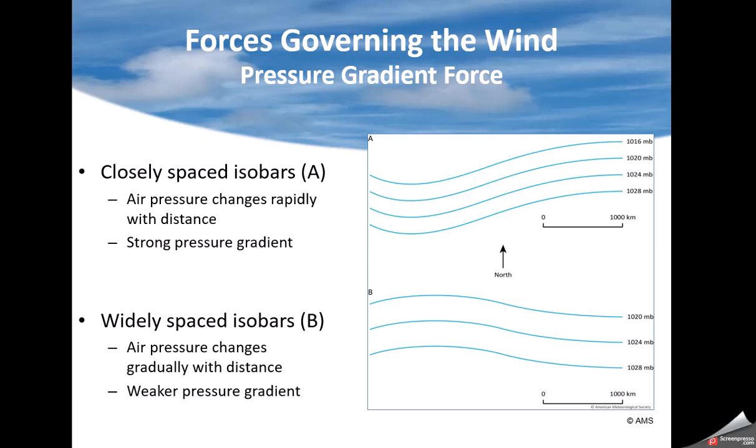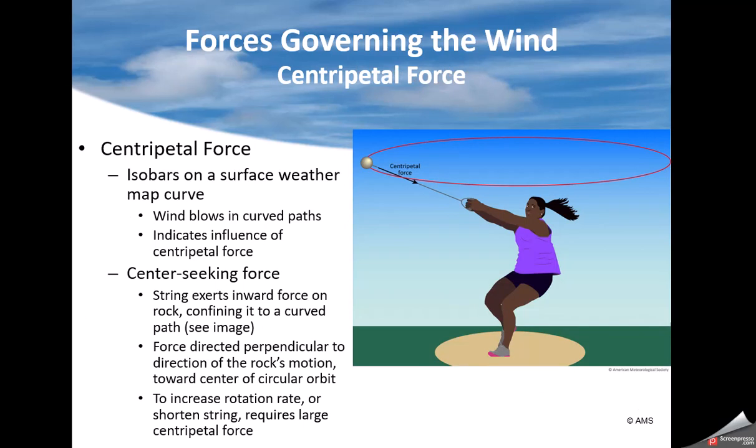So the tighter that you look at a weather map, if you see pressure isobars fairly far apart, you're not going to get a lot of wind. If they're coming closer together, the winds are going to increase. When you look at a hurricane, the isobars are very, very close together near the eye. That is why there are such extremely strong winds there.